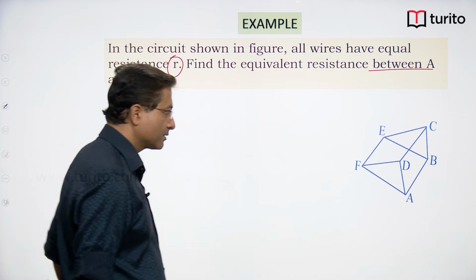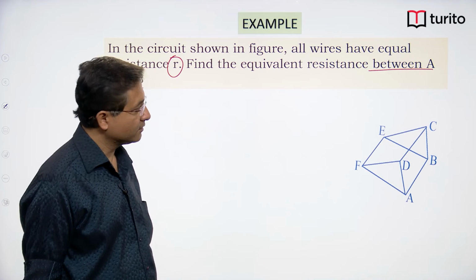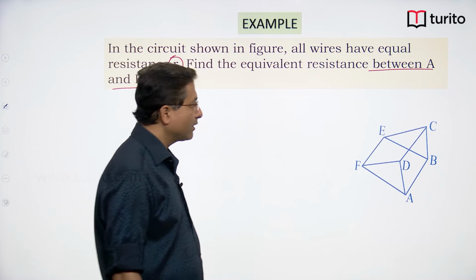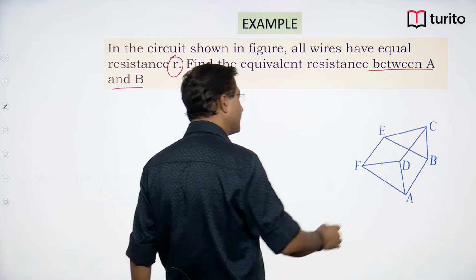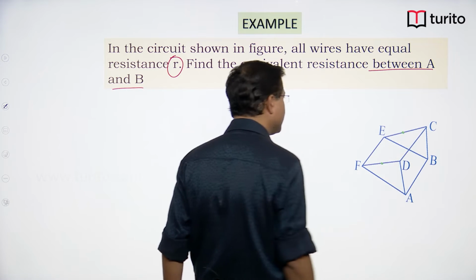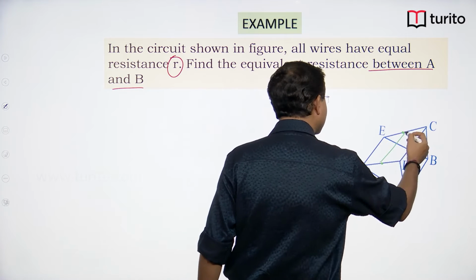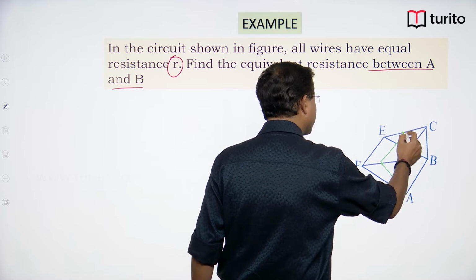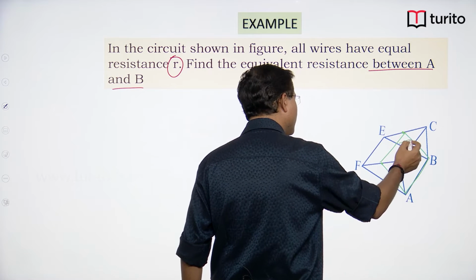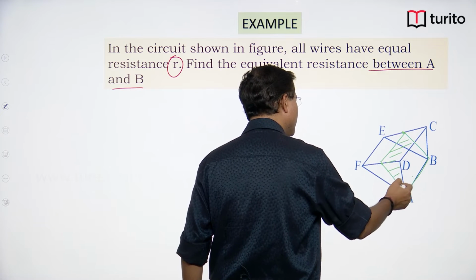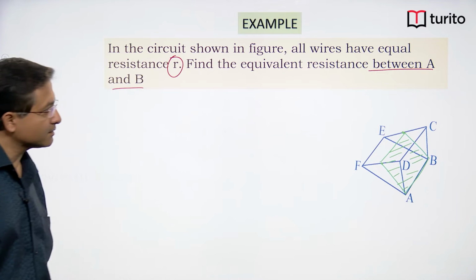You can pass a plane through AB about which the circuit is symmetric. If I take the midpoint of FD and the midpoint of EC, now I can see that I can pass a plane. I hope you can visualize.